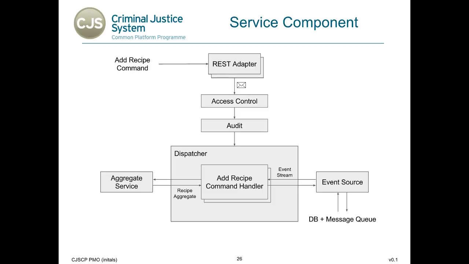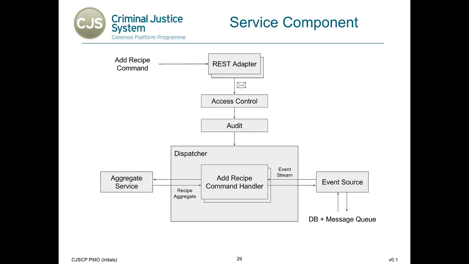So our concrete example here just fills in a few of the blanks. For example, if we're issuing a command, then that would come through a REST adapter because it's a REST request. We would probably put that through access control next in the interceptor chain. Maybe we're auditing it as well at this stage, so it has to be automatically audited.